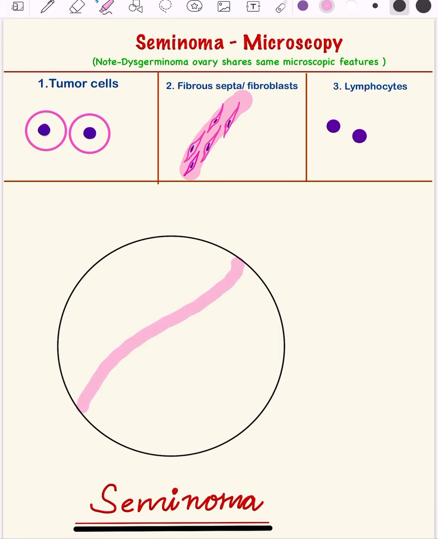So first you make the fibrous septa. Now this fibrous septa is dividing this circle into few spaces. So these are the lobules, and in these lobules we will draw the tumor cells later on. So first we make the fibrous septa. So this is the septa, and in this we draw the fibroblasts.